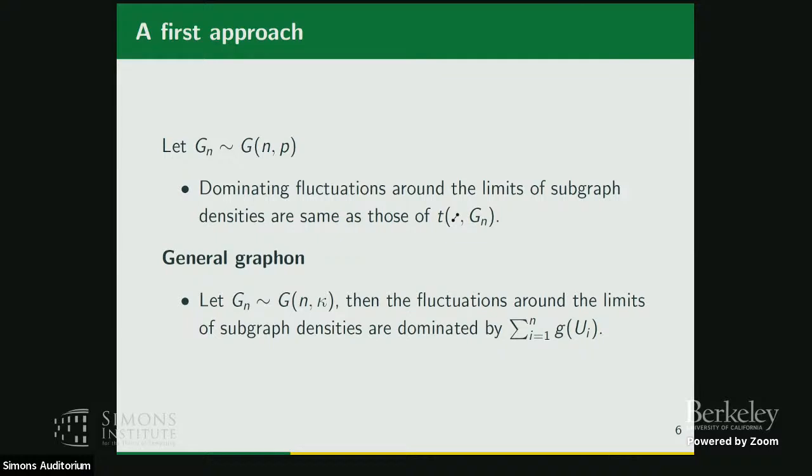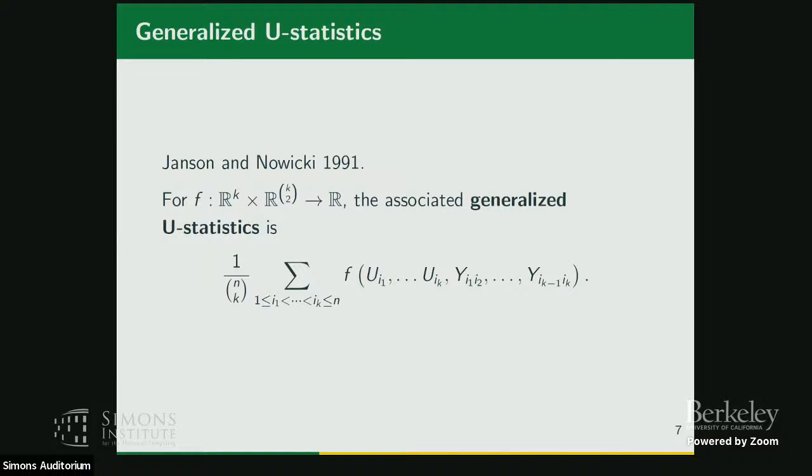But for a general graphon, this is even more difficult, because all you have is that the fluctuations are dominated by something which depends only on the node labels, unlike the Erdos-Renyi case where everything was determined by the edge densities. So if you just work with the subgraph density, then every time you come here and you get stuck, you don't get anything much more here. So you definitely need something more.